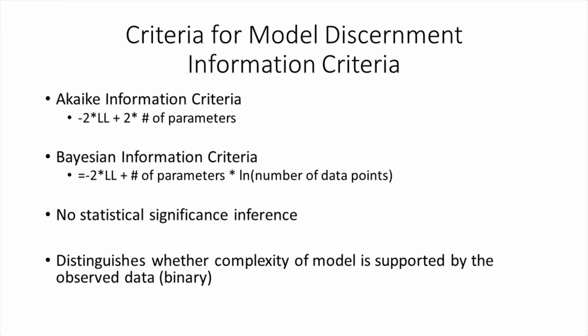These information criteria do not give a strict basis for statistical inference based on statistical significance. What they do provide is whether the complexity of the model is supported by the observed data. So it's a binary decision. What is better or worse, but not a specific continuous value that tells you something has met a particular threshold with respect to statistical significance.